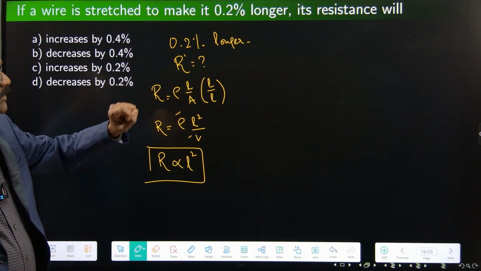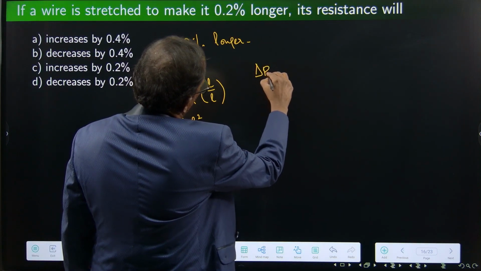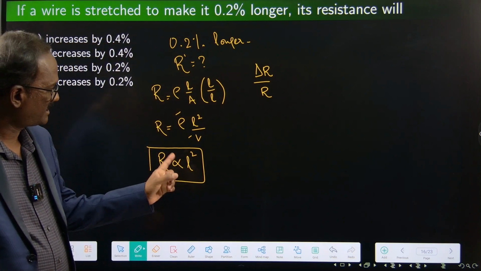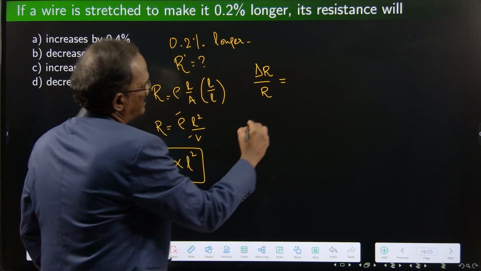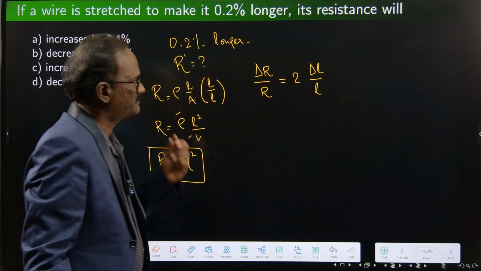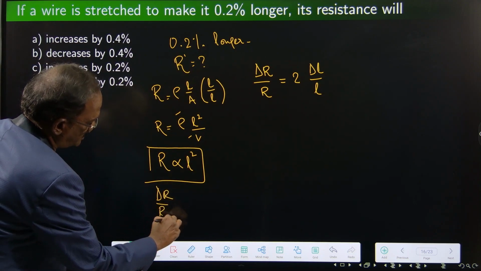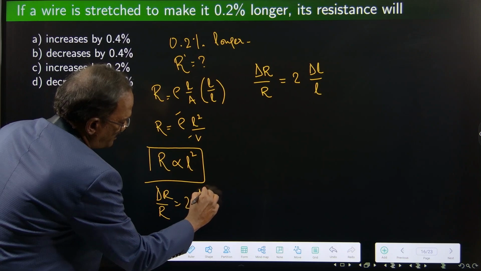Stretch it by 0.2%. The change in R by R, by the method of error analysis, is equal to 2 into change in length by length.